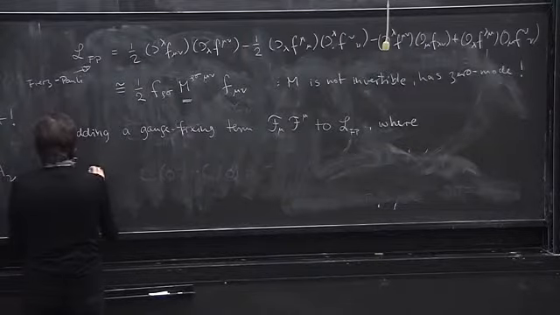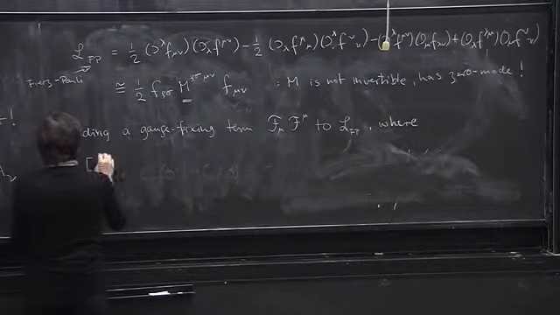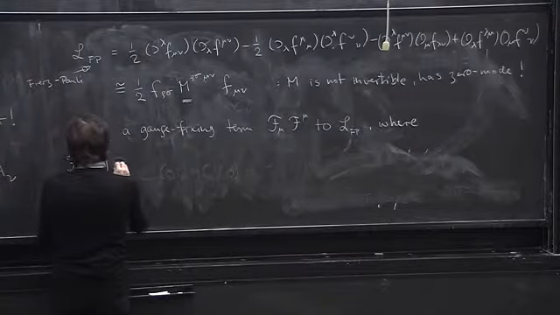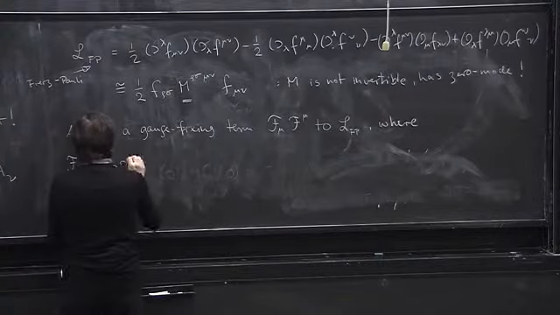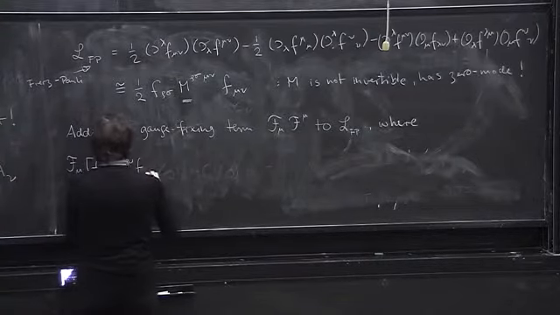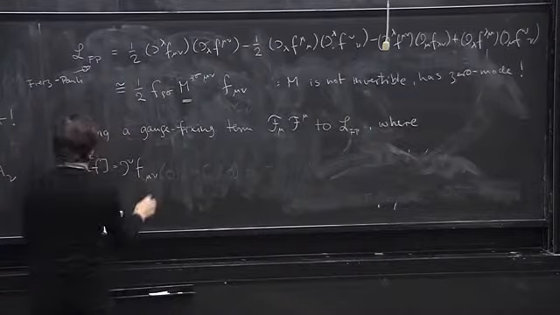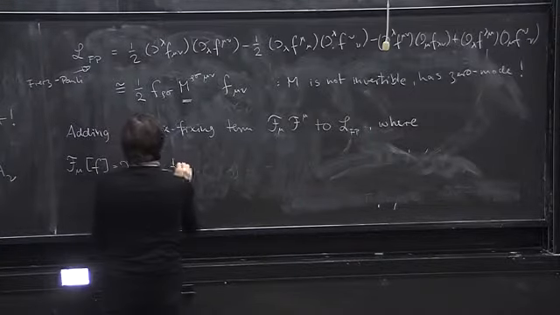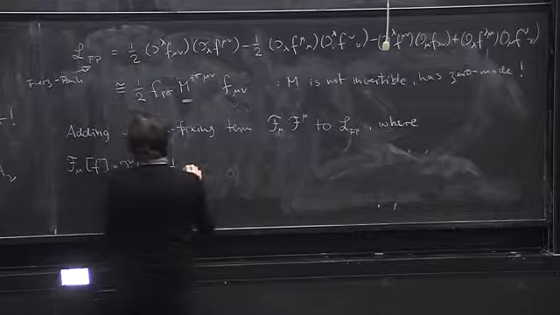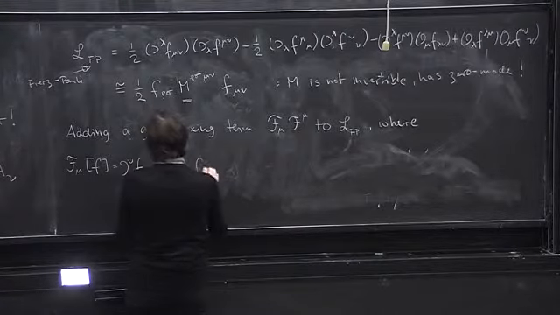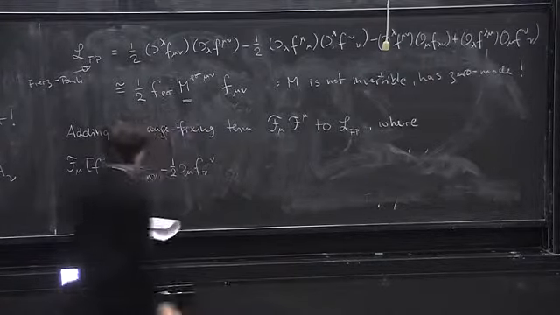When we're talking about gauge conditions, this is exactly the expression that appeared in the harmonic gauge condition: del nu F mu nu minus 1/2 del mu F nu nu.